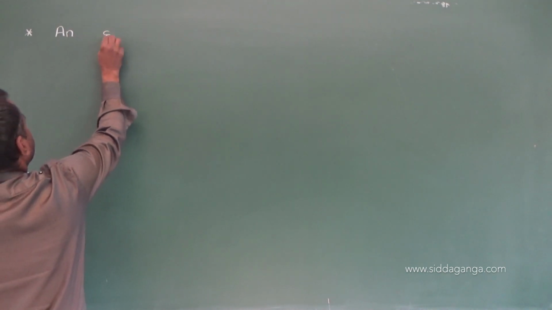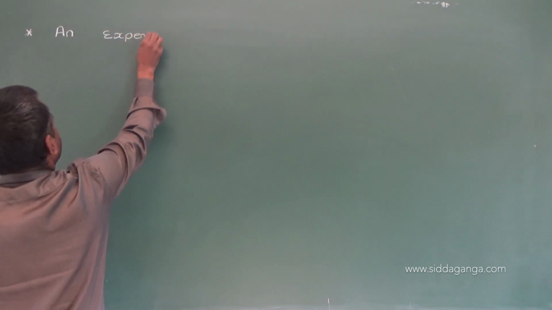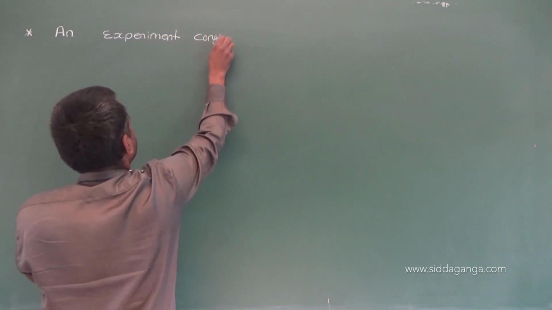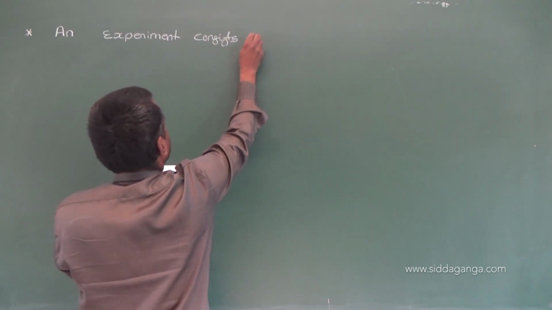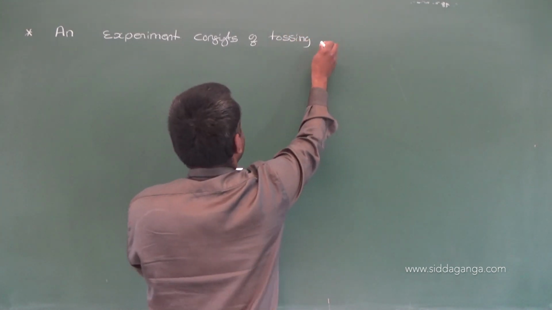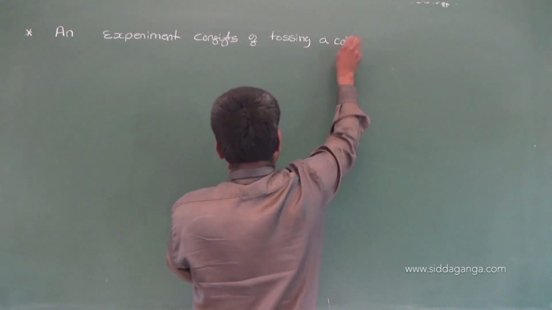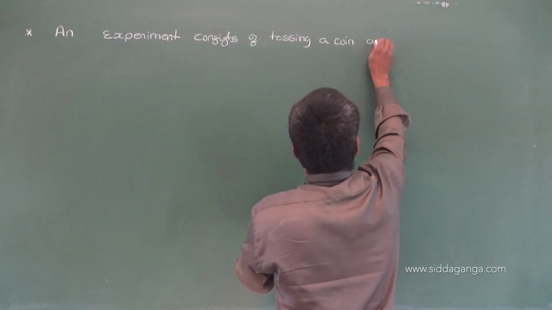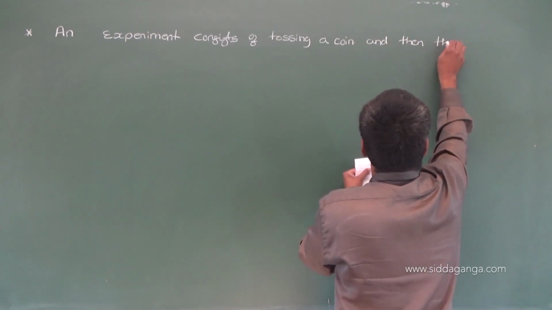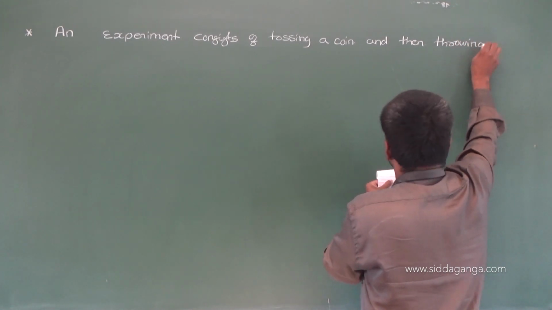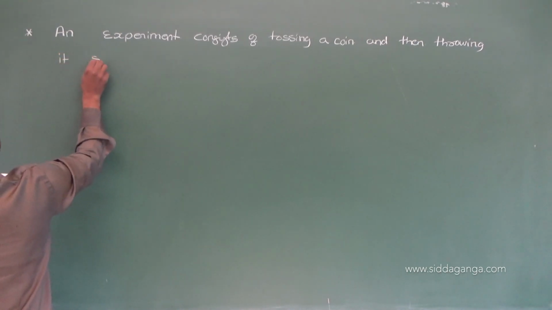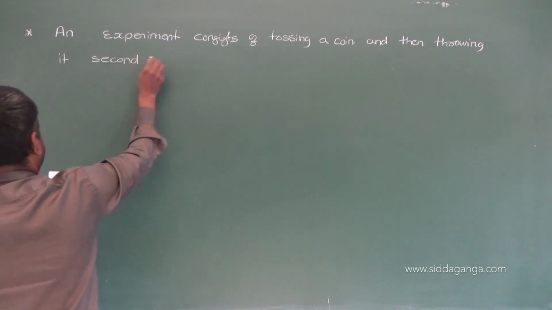An experiment consists of tossing a coin and then throwing it a second time.